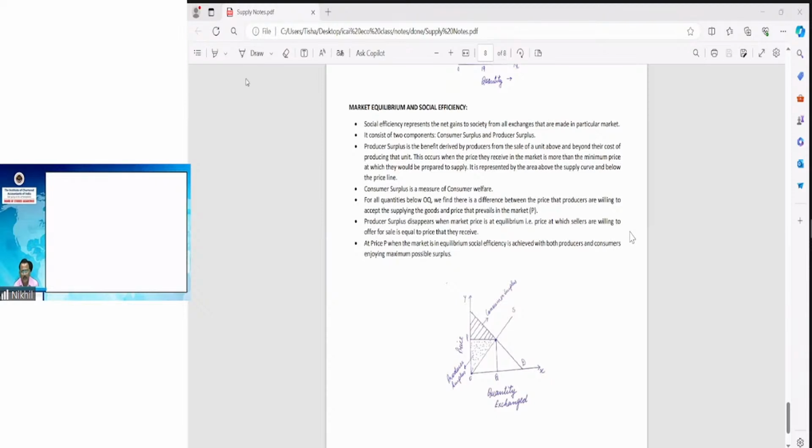So I hope that whatever recording you are seeing and whatever revision we are doing in the class, plus the numerical aspect already solved in the class, and we are seeing a very encouraging response from the students.